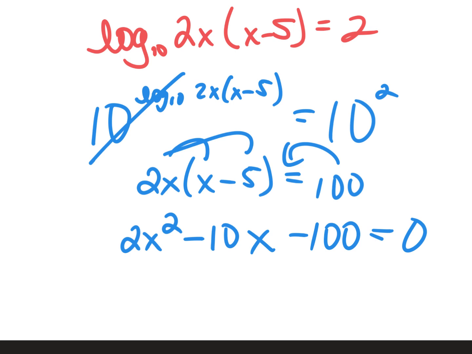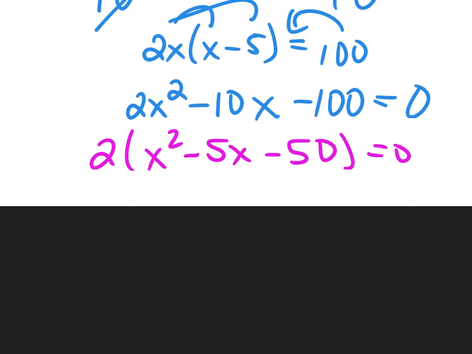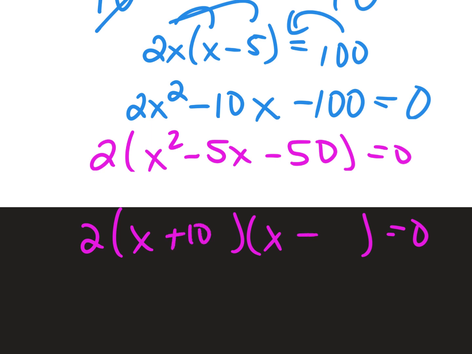And we have a wonderful factoring problem, don't we? What do we look for first when we're factoring? GCF. What number can I take out of all three? 2. All right, take out that 2. So I'm left with x squared minus 5x minus what? 50, okay? Are there two numbers that would multiply to give me a negative 50, but add to give me a negative 5? Plus 10 and minus 5?